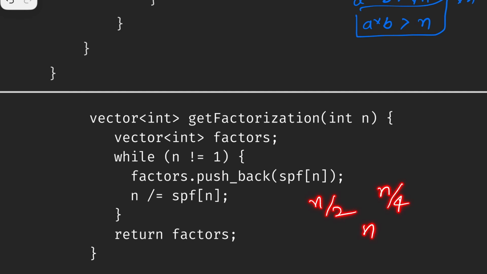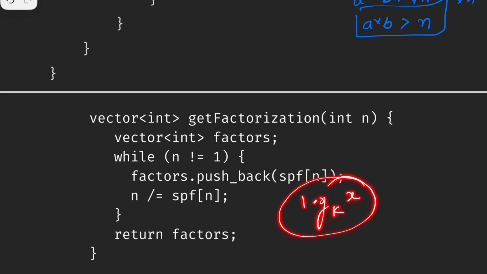N by 4, then you will go to n by 8, then you go to n by 16, right? And we have already seen log x base k represents number of times x needs to be divided by k so that it will reach 1. This value will be represented by log x base k, right?